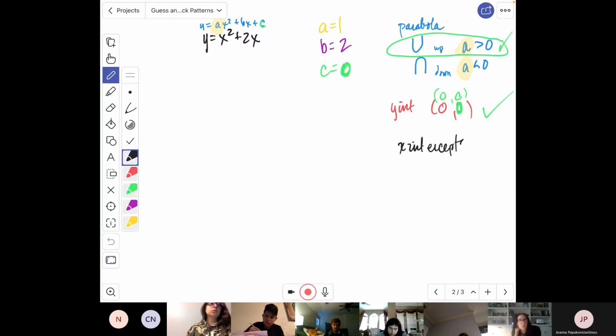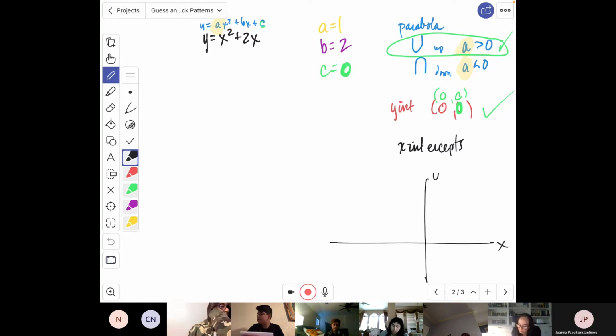What do I know about all points that fall on the x-axis? Their y value is 0.